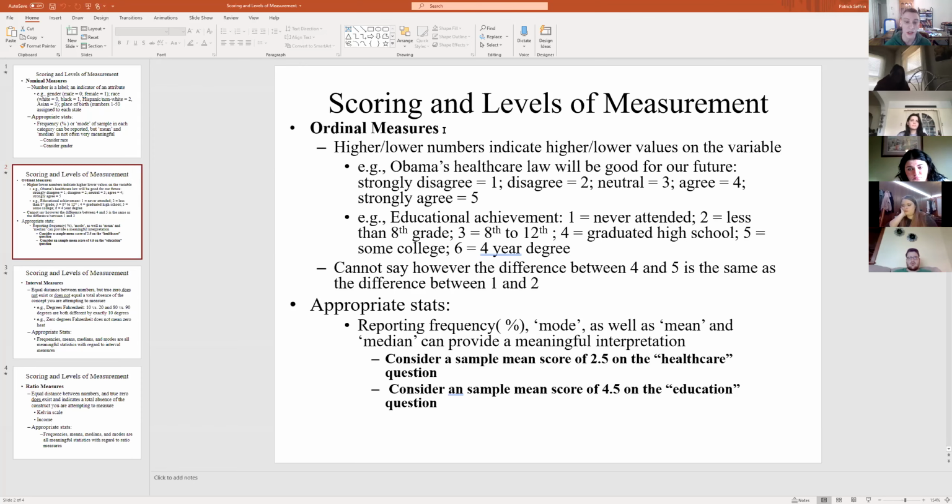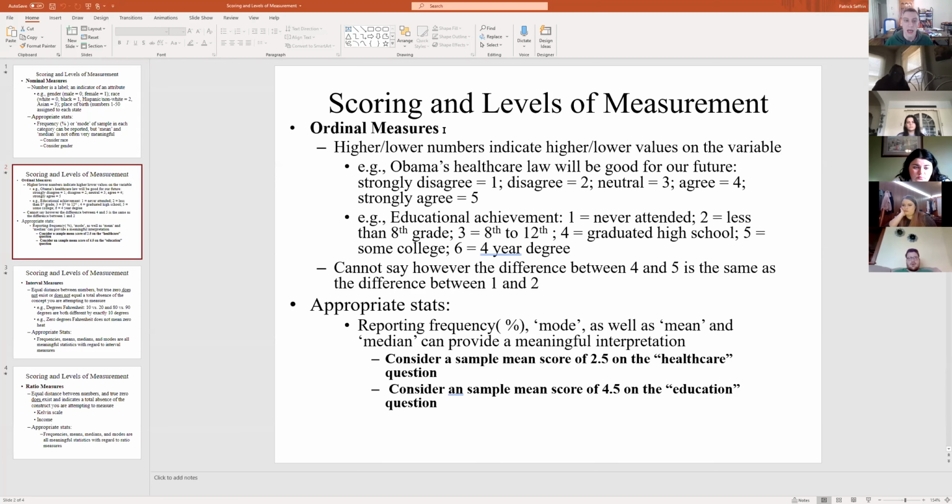Plus, you can also talk about things like an average, because the average level of educational achievement in my sample is 4.5. And you can look back at the original scale and say that means the average person in this sample has this level of education, roughly speaking. It's always approximate, because with ordinal measures you just don't have the level of precision you get with some of the higher levels of measurement.